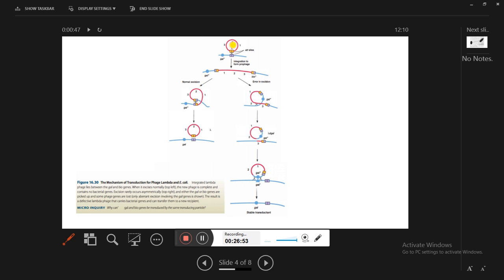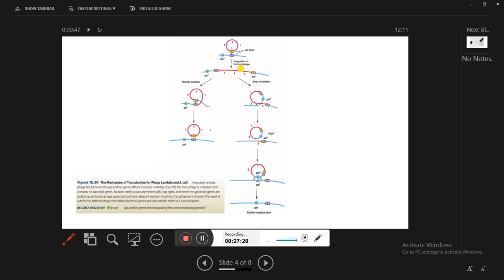Okay, when this lambda bacteriophage integrates its genome inside the bacterial cell, this prophage looks like this. This red color region is the region of bacteriophage lambda, and on the left side of the bacterial genome it has galactose utilization genes, and on the right side it has biotin utilization genes.